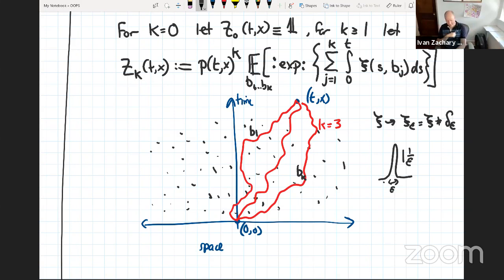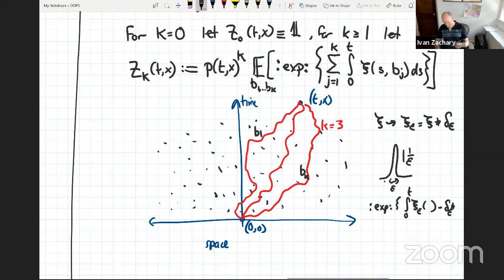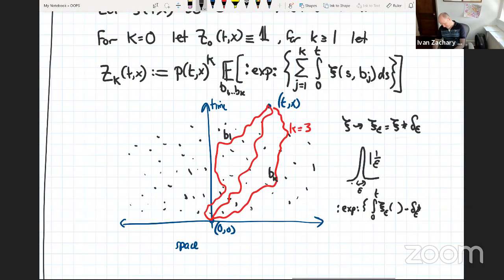And then you can define everything here. And the dots, what that means is that when I write this, this is like this Wick exponential. So you take the integral of the smooth noise object and then subtract, I think it's something like the convolution of the noise kernel with itself evaluated at 0, times T over 2.